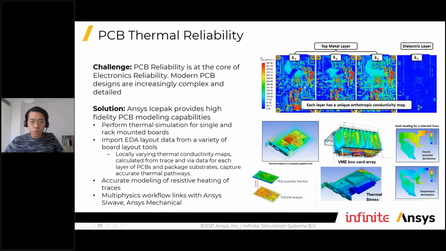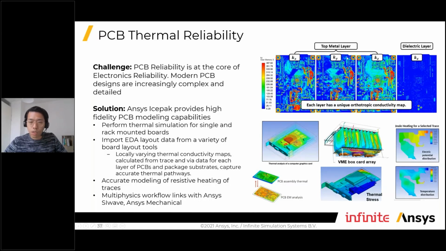Then we go to the PCB level. At the PCB level, the most challenging part is once again the complicated traces on our PCB boards. If you want to build everything in a simulator, it might take days to run. However, in Icepak, we can just map those traces back onto the board and change the conduction coefficients.